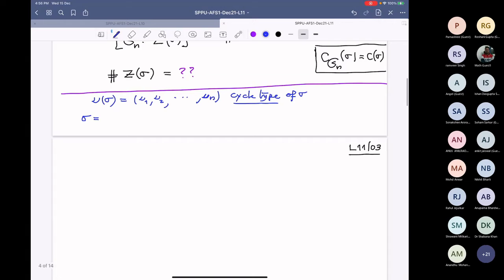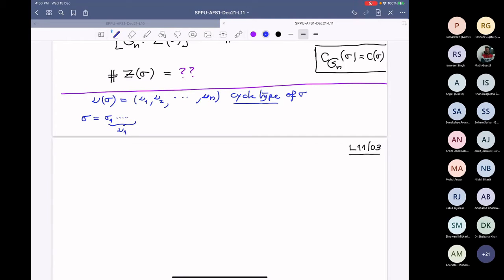Now, if there are sigma 1, this is one cycle. No, not one cycle, but they may appear several of them. So I will write only sigma 1 because I don't want to make complicated notation. So one cycle will appear. How many times? Nu1 times. They're all one cycles.